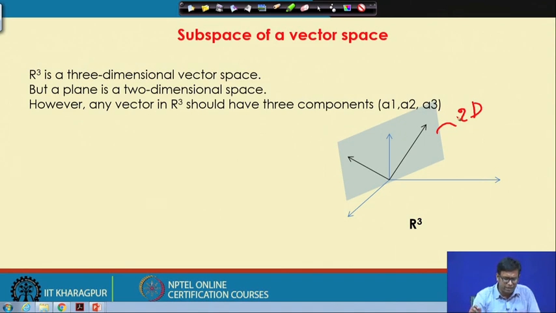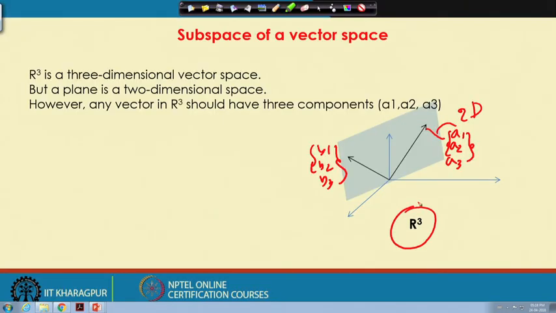However, any vector in this plane must have 3 components, because it is in R3. So, this vector is a1, a2, a3 and this vector is b1, b2, b3. Though this is a two dimensional space, the vectors have 3 components because the vectors are members of R3, or 3 dimensional real coordinate space.